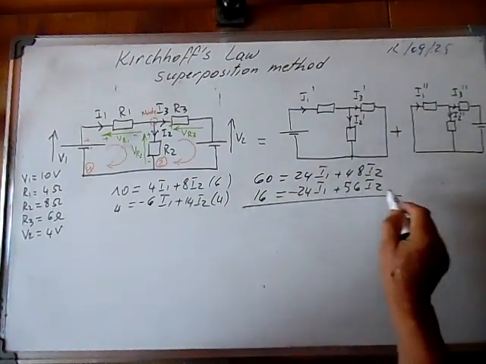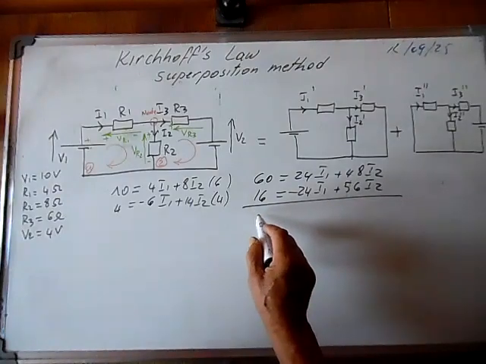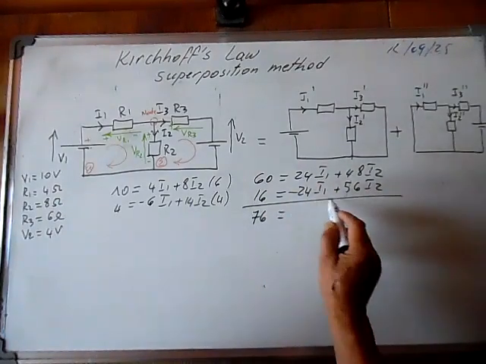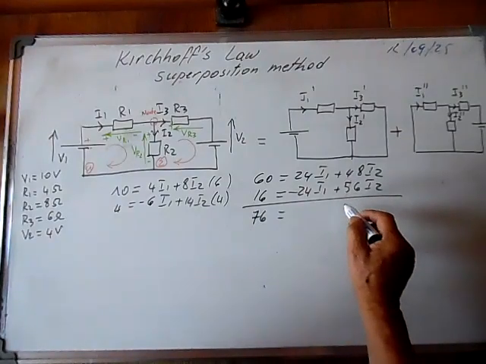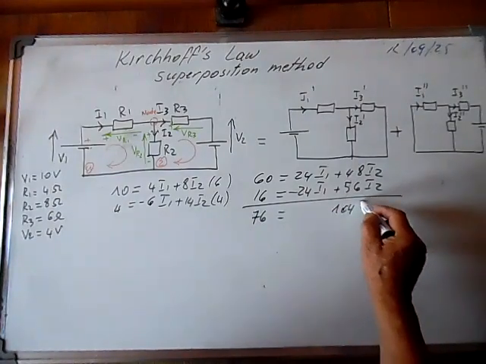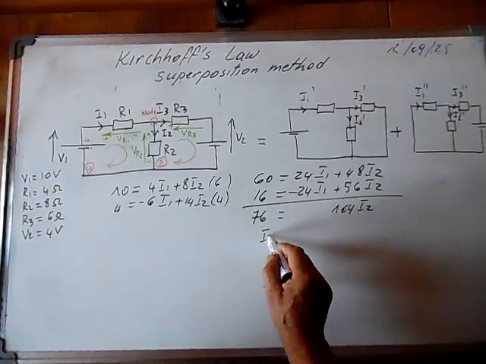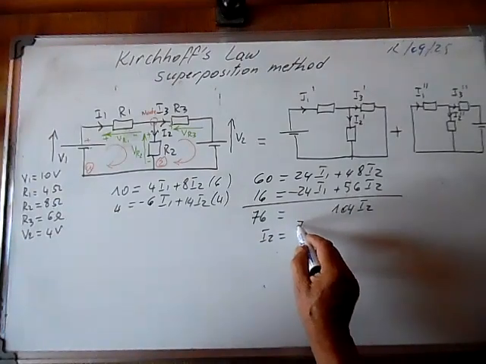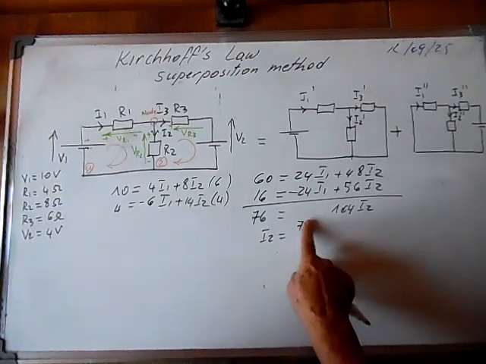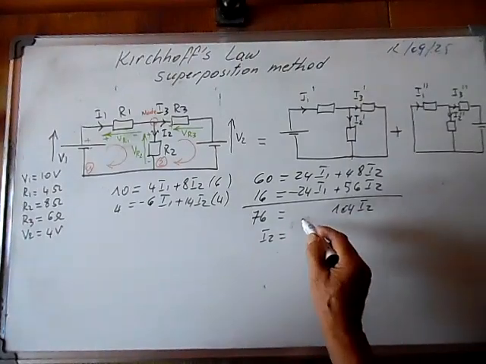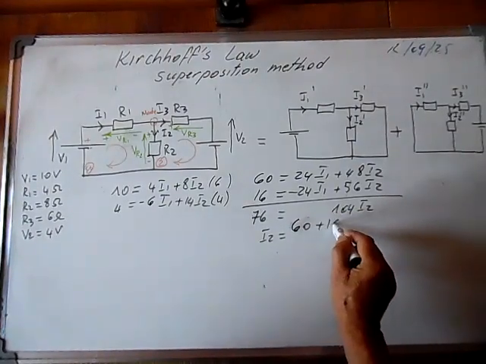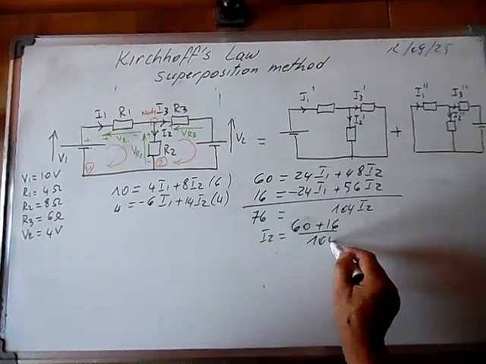If we add this together, we have 76 is equal to 0, and here we will have 104 I2. From here we can calculate I2. I2 is 76, or we can say 60 plus 16 over 104.